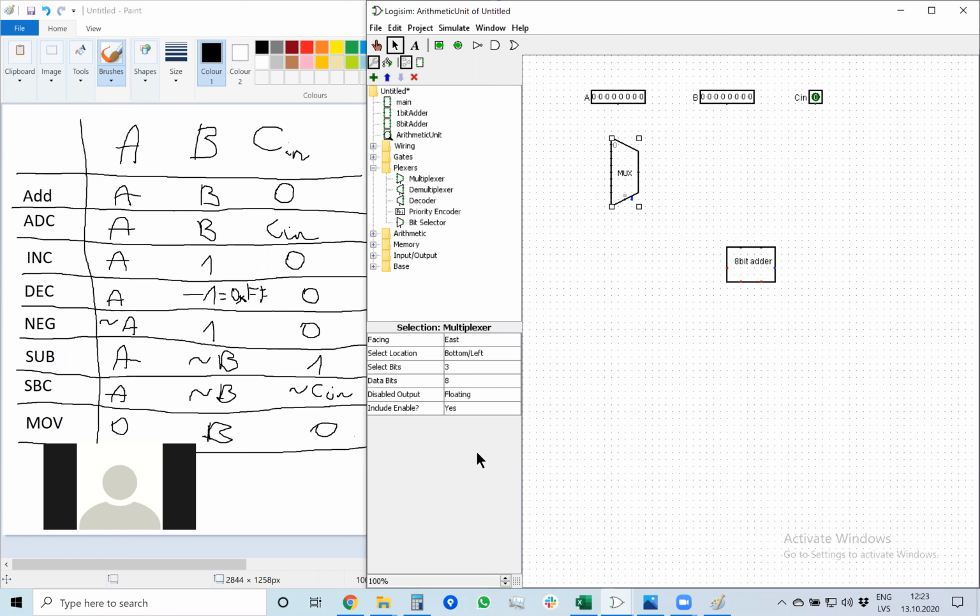It will have 8 data bits, and it will be facing south, like this. And it does not need enable signal.